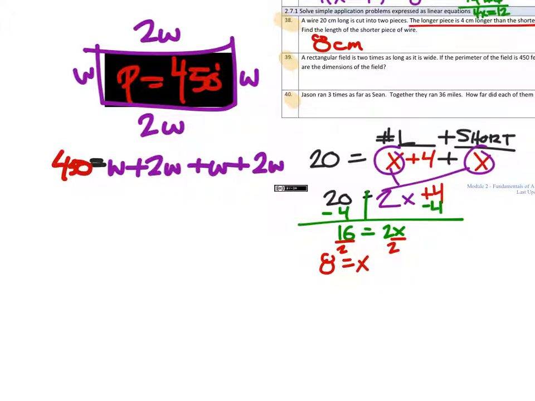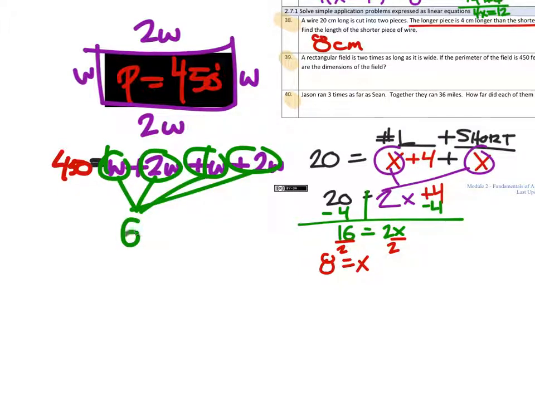So just like we did on that last one, if we combine all these w's, we should get a simplified expression here. So that's a 1w and that's a 1w. 1 plus 2 plus 1 plus 2 should give you 6 w's. And this is equal to 450 feet.